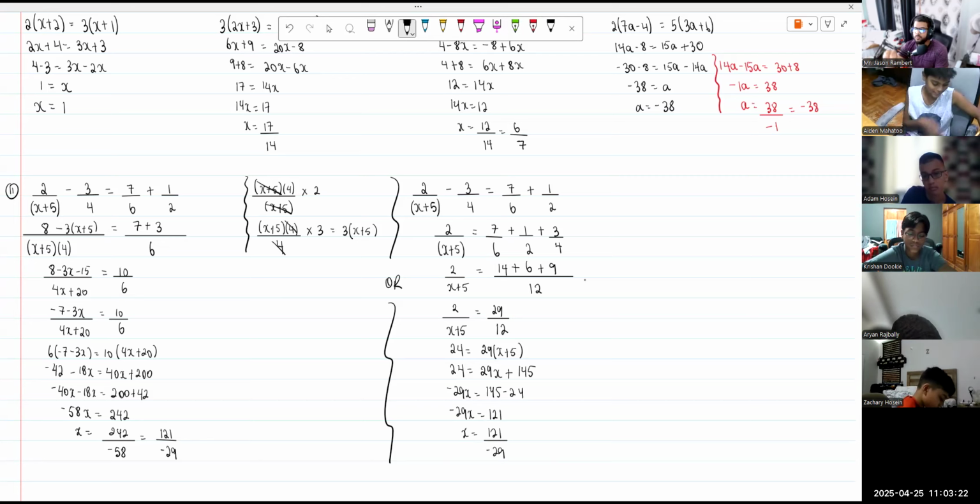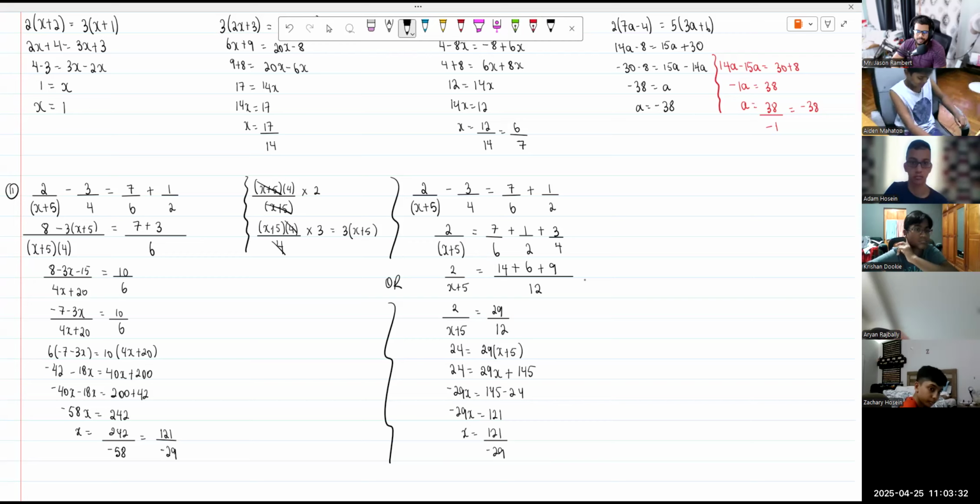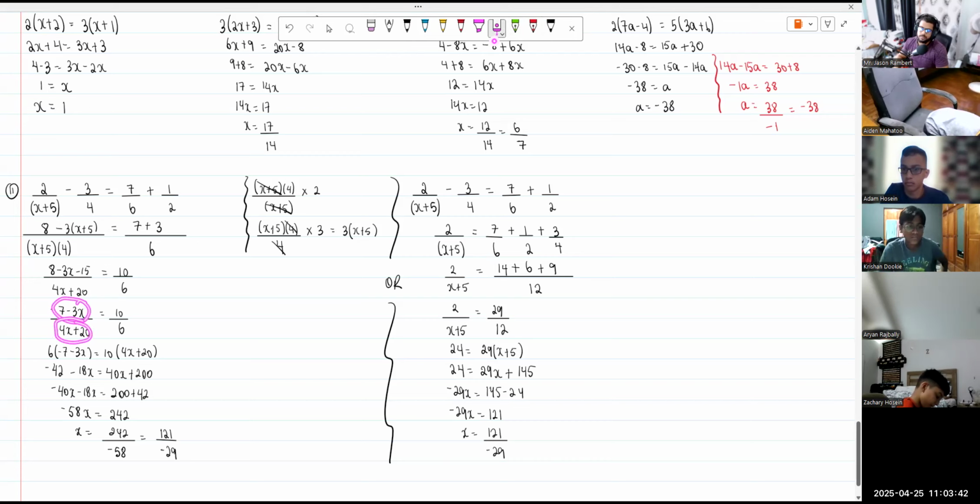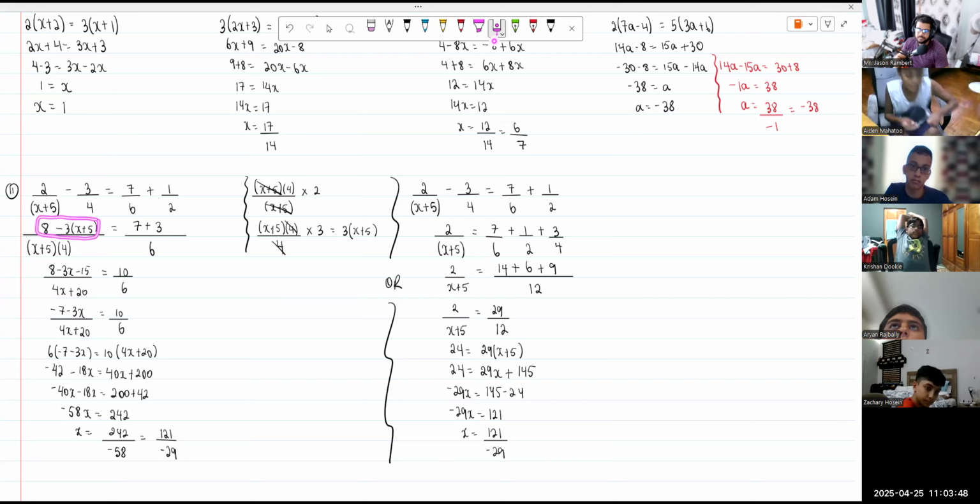So knowing when to move across the fractions or move across anything is very, very, very useful, because the second method I did ended way less complicated than the first method. What happened in the first method? I ended up with variable on top and variable below, and I ended up with real negatives.